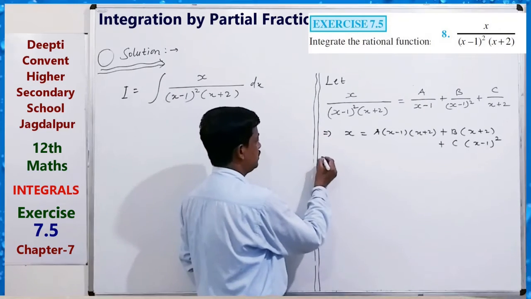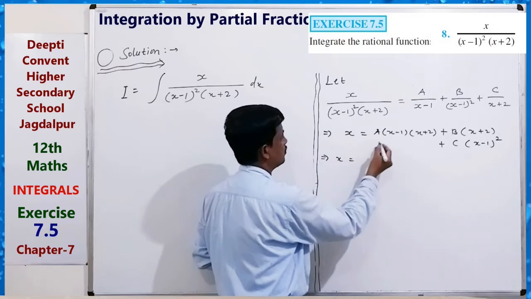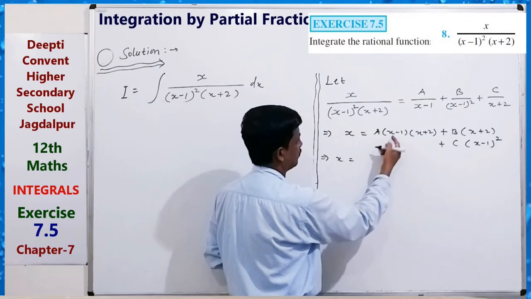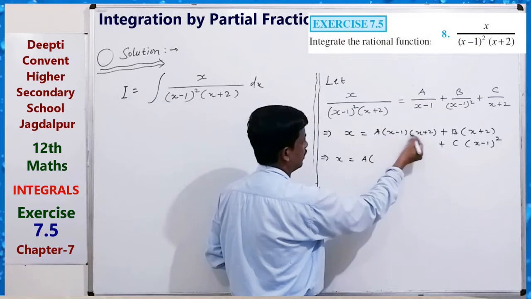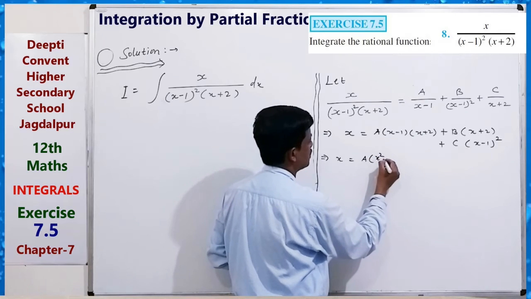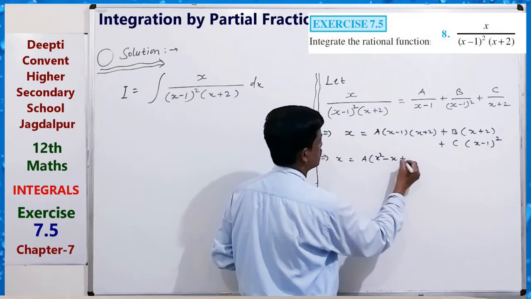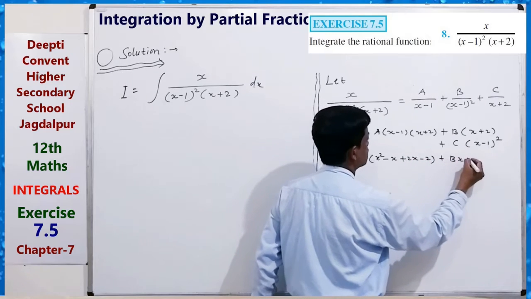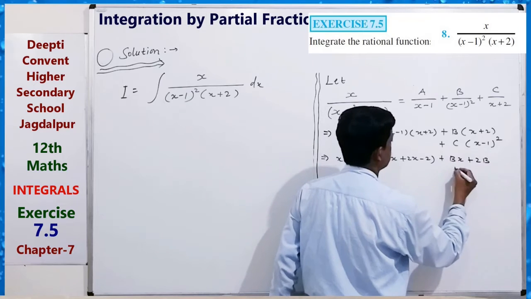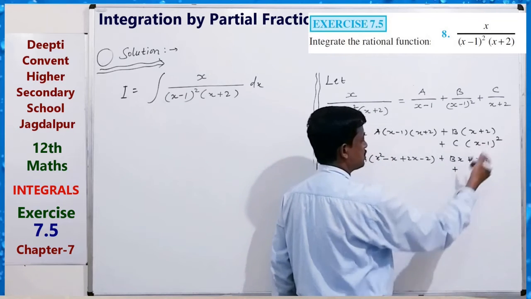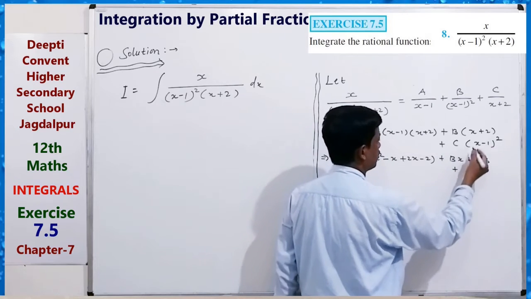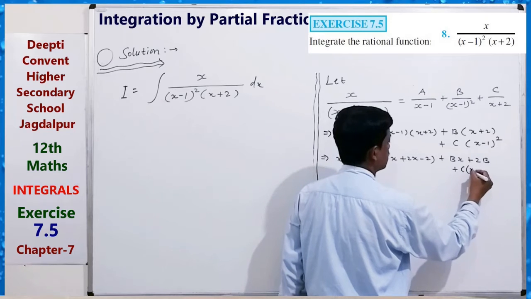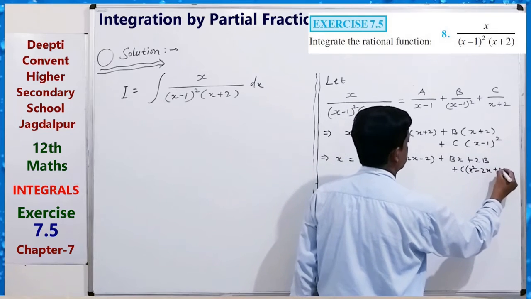So here, x equals to a into x square minus x plus 2x minus 2, plus bx plus 2b, plus c into x square minus 2x plus 1.